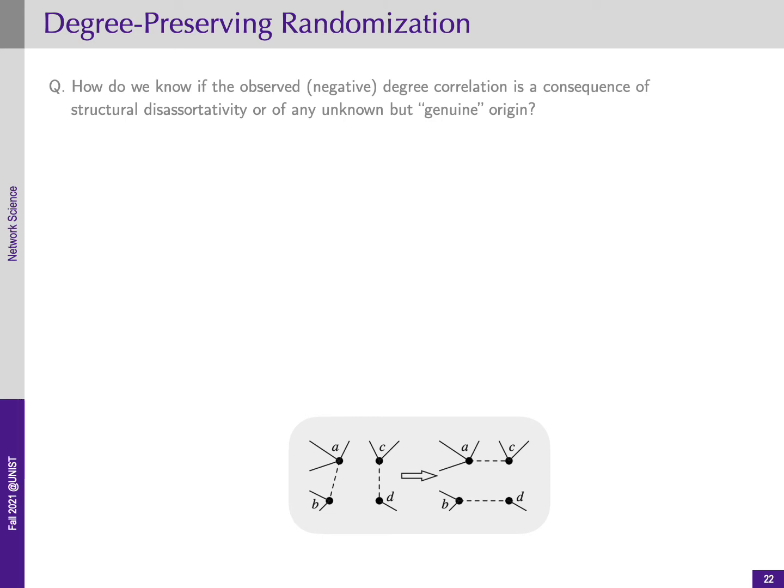So we preserve the degree distribution, but we change the connecting partners. In that way, we may change the degree correlations, right? So this is the so-called degree preserving randomization, okay? Pick two arbitrary edges and switch the linking partners arbitrarily. That is the mechanism of achieving this randomization.